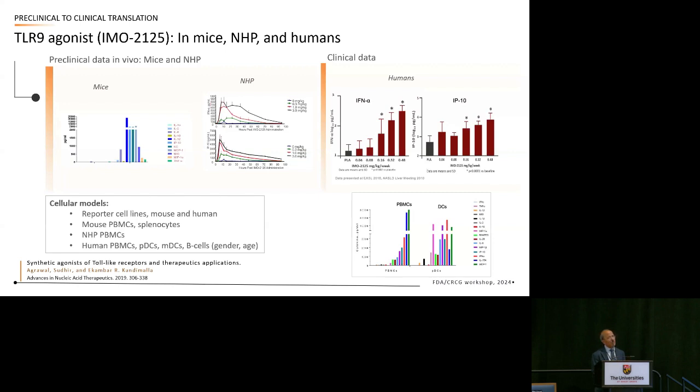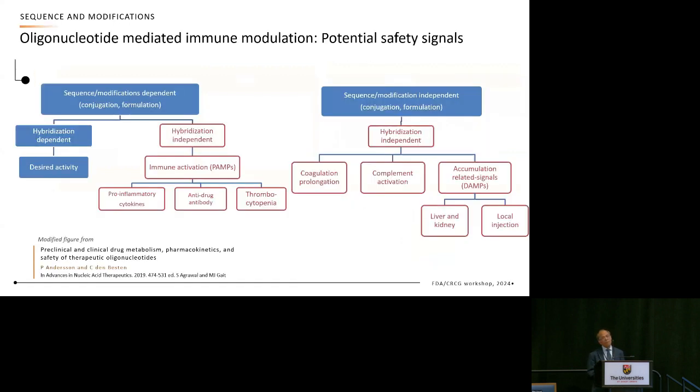And there are well-reported assay systems to understand the characteristics of these compounds, except in human PBMCs, it's gender and age dependent. So again, if one is studying them, then you have to look at a number of donors to assess the profile. So it comes back to, as we think about this class of compounds, it's sequence dependent, and I talked about modification dependent.